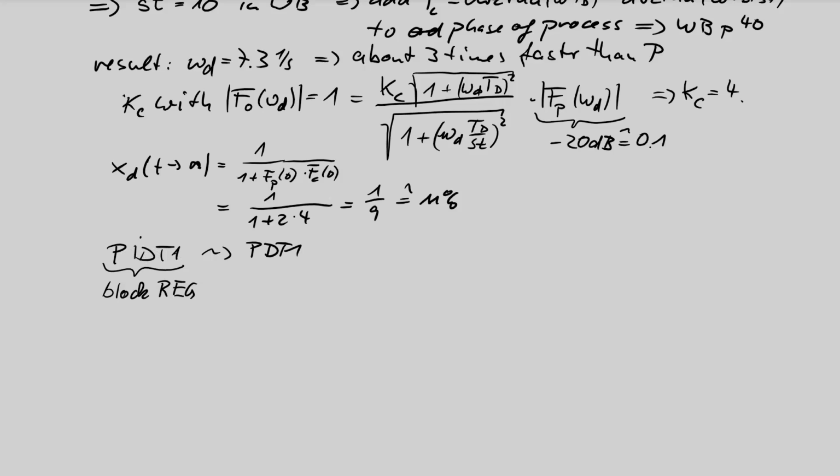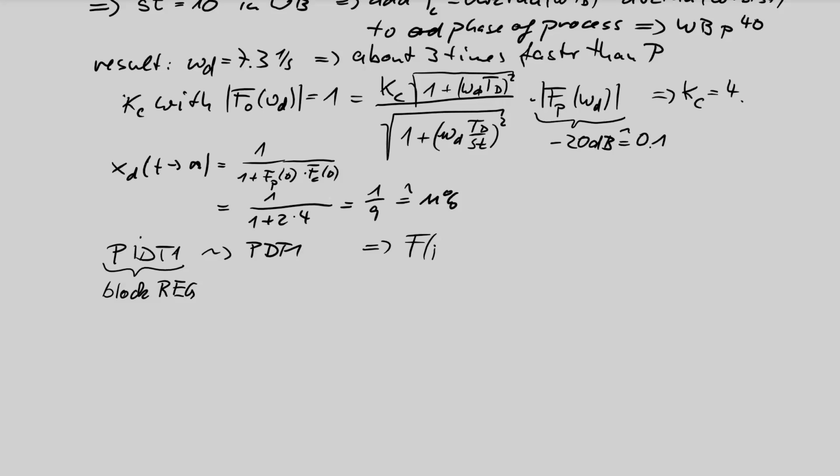For example, in SPS computers, there are blocks of PID controllers, and if you need a pure PD without I, of course you can use this. You have only to do the following step.